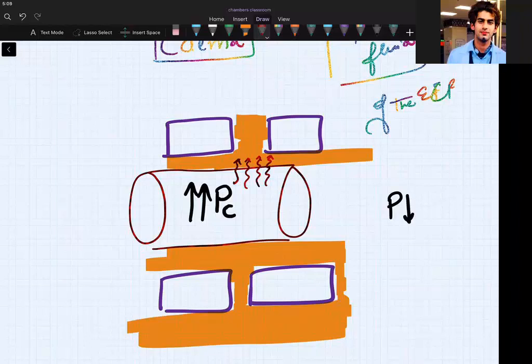Same way, if you are comparing the capillary oncotic pressure, compare it with the interstitial oncotic pressure, not the opposite. Are we clear? So if I increase the capillary hydrostatic pressure more than the interstitial hydrostatic pressure, then definitely the fluid will start leaking from the capillary into the interstitium.